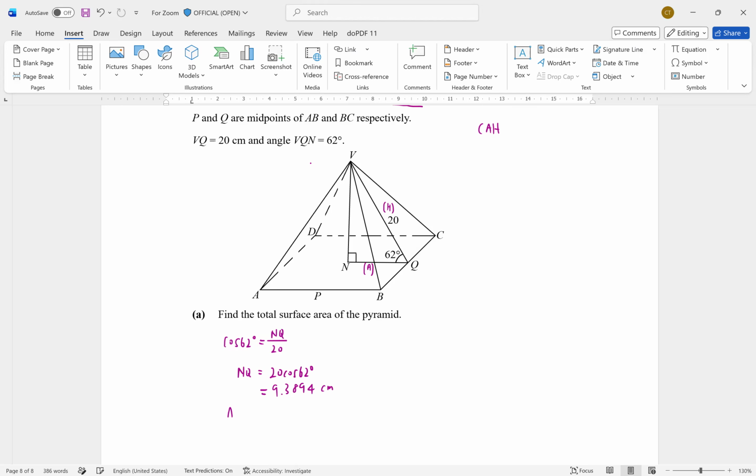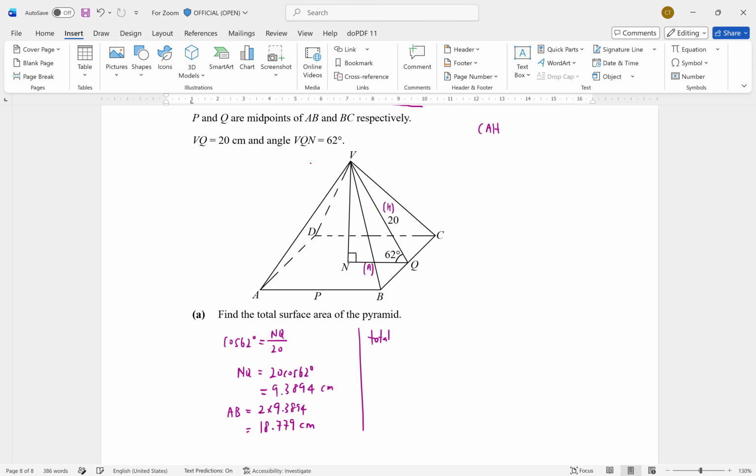AB and BC are the same length because it's a square. So AB is 2 times 9.3894. Let's calculate this times 2, and it will be 18.779. Now we can find the total surface area.